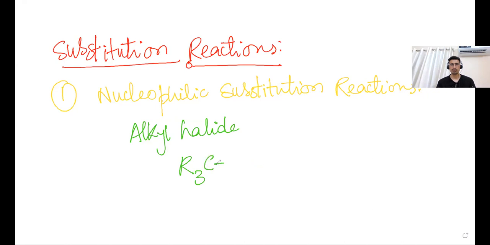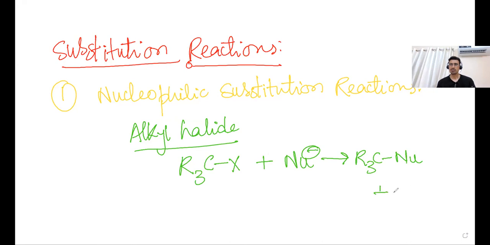Okay, R3CX. This is an alkyl halide. And when we add a nucleophile to this reactant, what do we get? We get this new compound, that is R3CNu plus X minus.